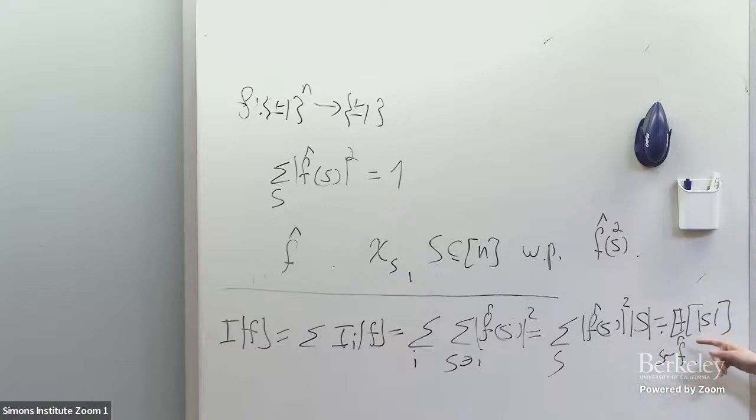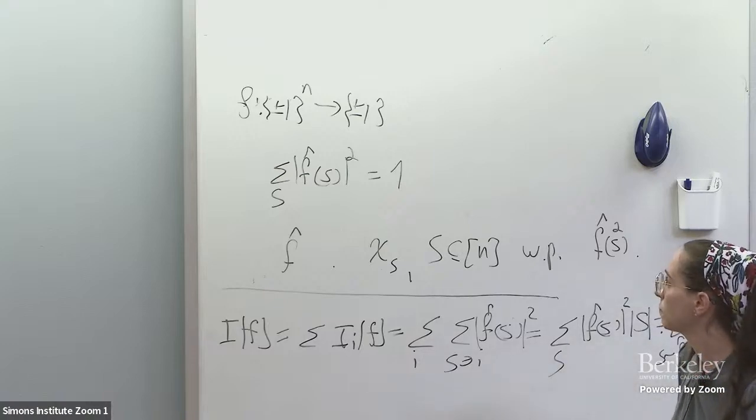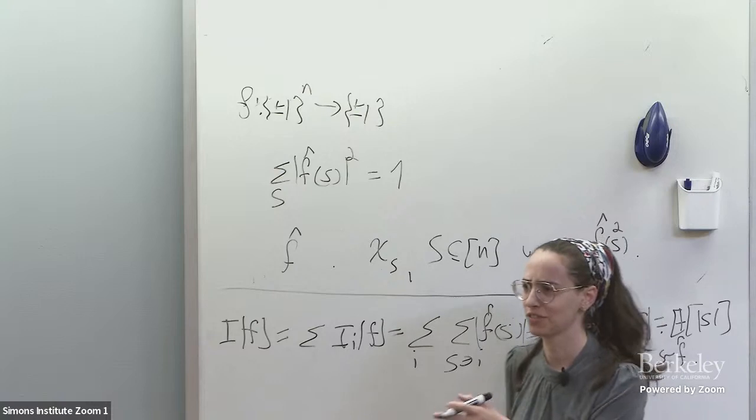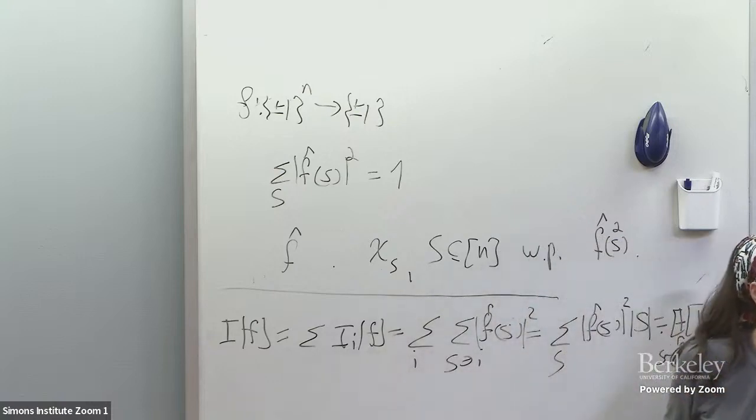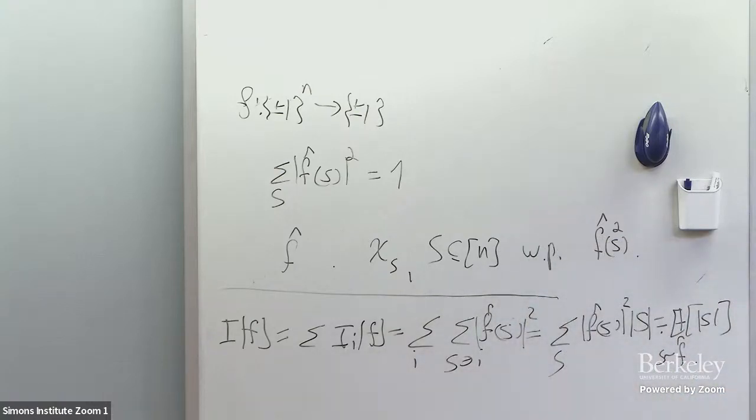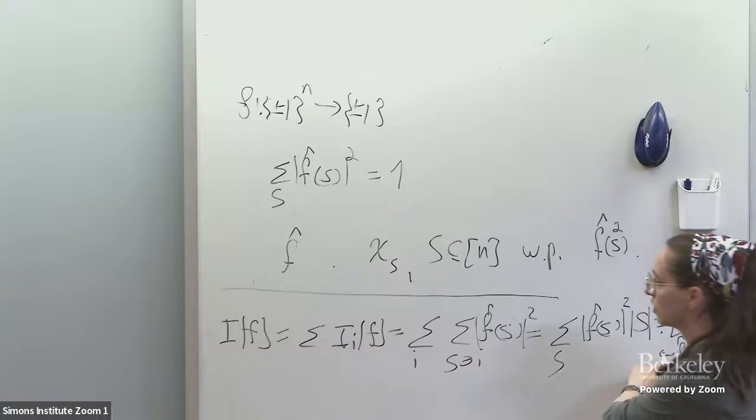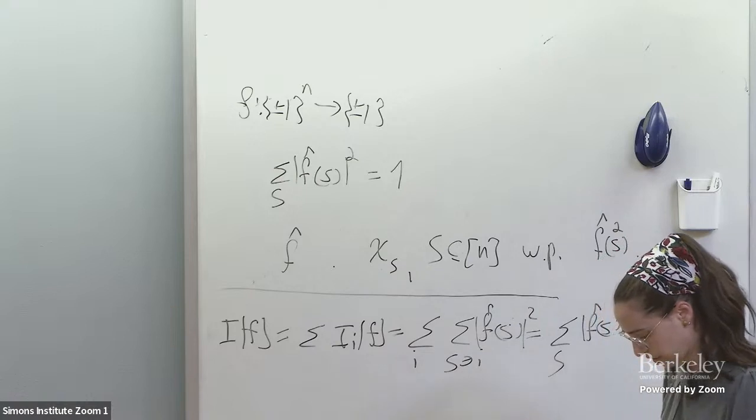It becomes the expected degree of the function. So the degree of the function, I guess that's mentioned here, it's just the largest Fourier coefficient that's not 0. So the size of its monomial, whatever you think, and this is the expected degree.